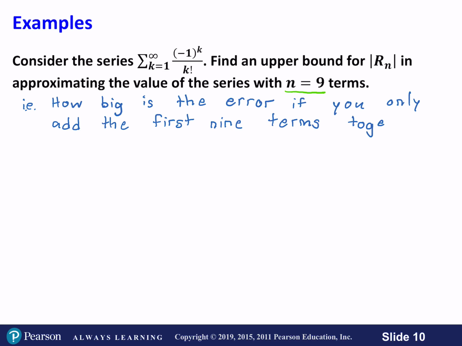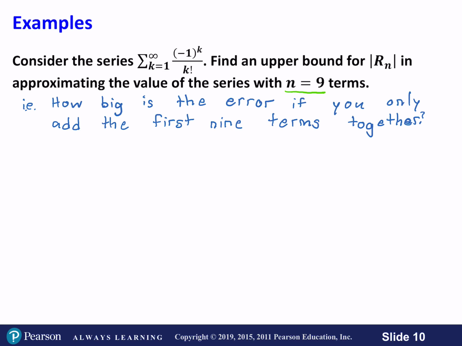Wish I could write faster. This would be super nice. How big is the error if you only add the first 9 terms together? All right, so we're going to add negative 1 over 1 factorial plus 1 over 2 factorial minus 1 over 3 factorial all the way up to 9.